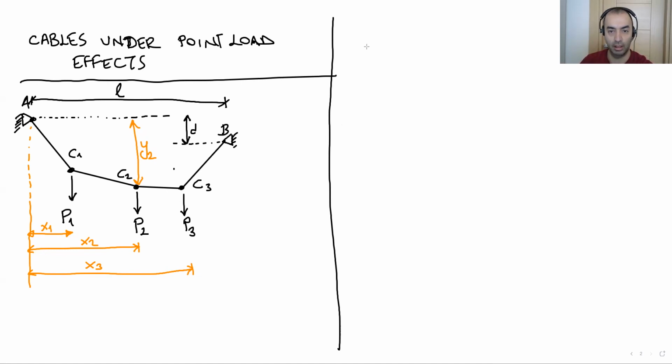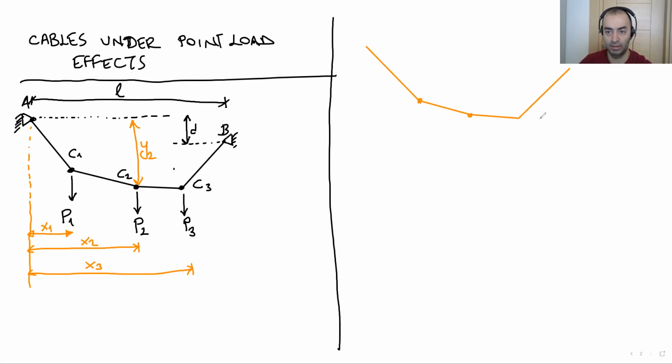Okay, again, I have this one, and then I have something like this, and then something like this, and then yes, this is my free body diagram, but I'm gonna add a few things to that.